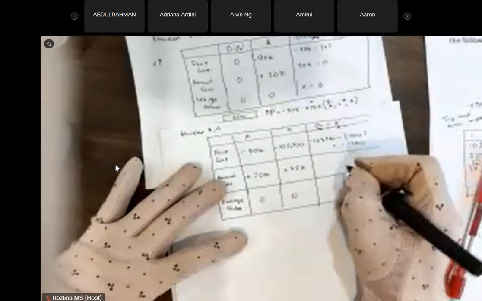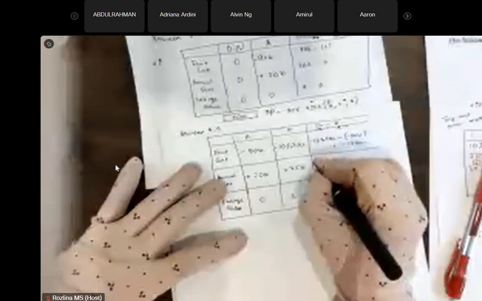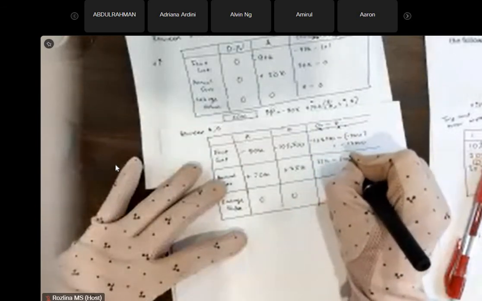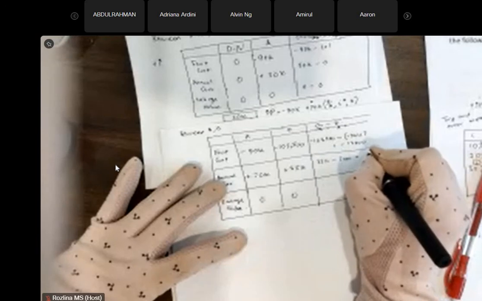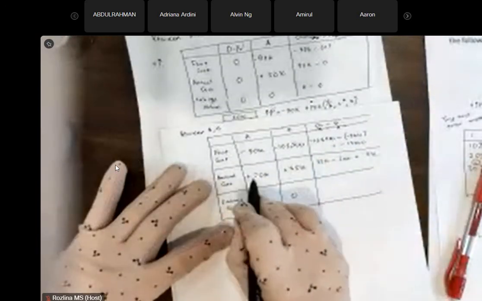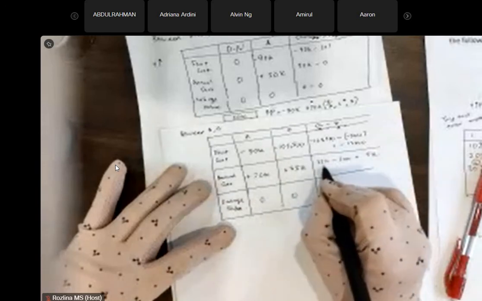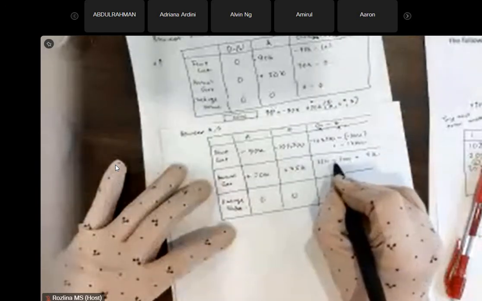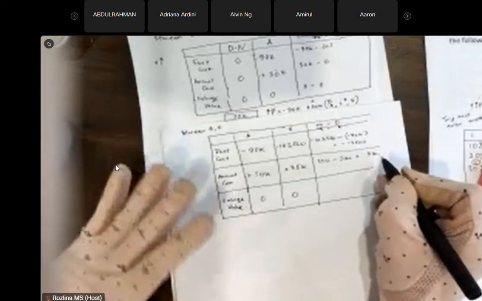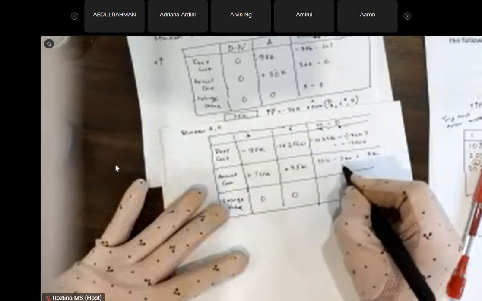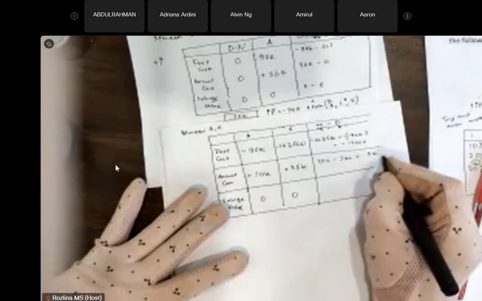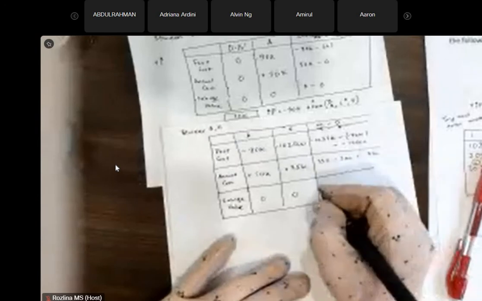Then for this one, 35k minus 30k gives 5. As long as the value is annual cost, you can calculate it and get the value.